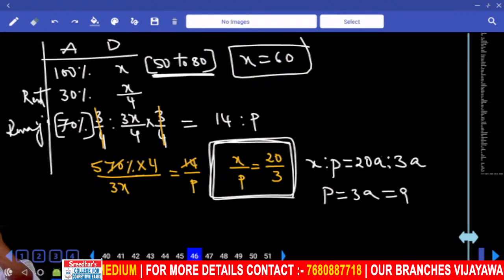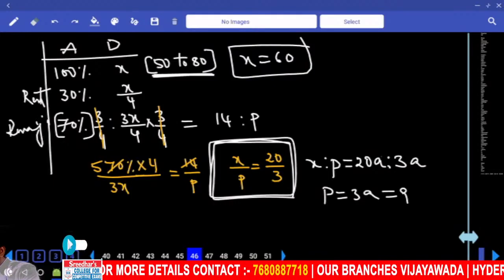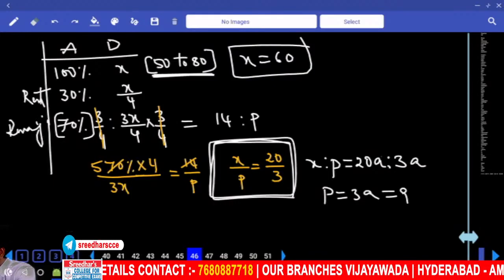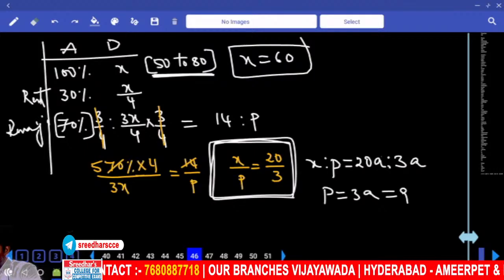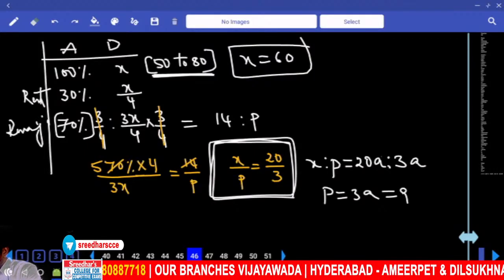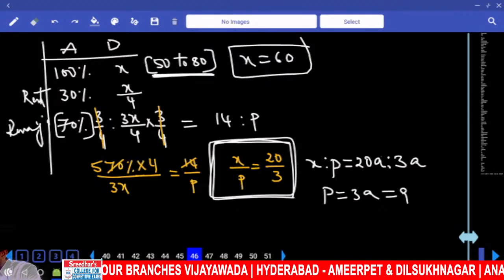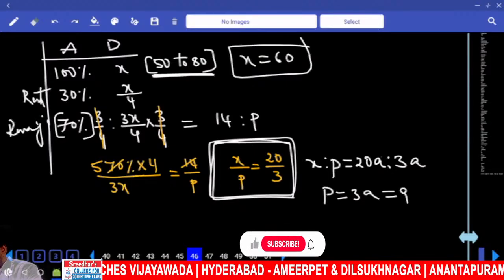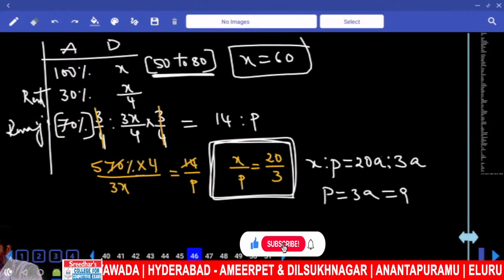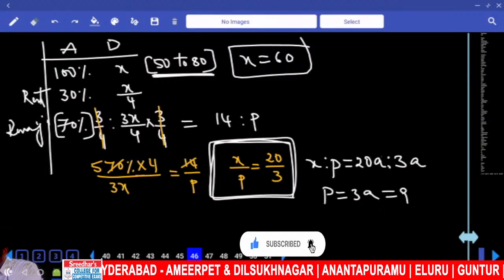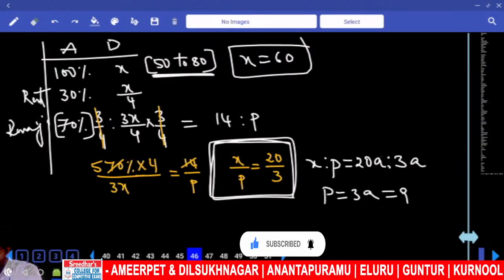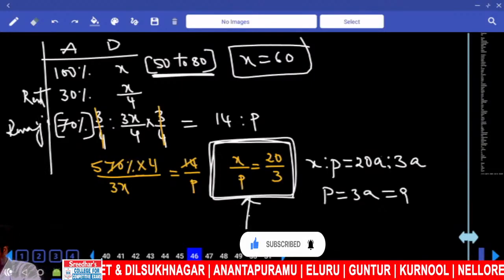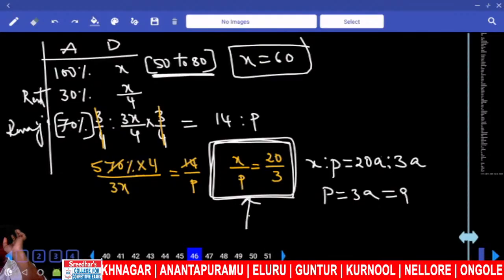It is more than 50, less than 80. It cannot be 80. It should be less than 80. Between 50 to 80, X should be a multiple of 20. There is only one possibility, 60. It cannot be even 80 because it should be less than 80. Understood? You need to bring out this box value, all the logic is in that. Understood? Right.